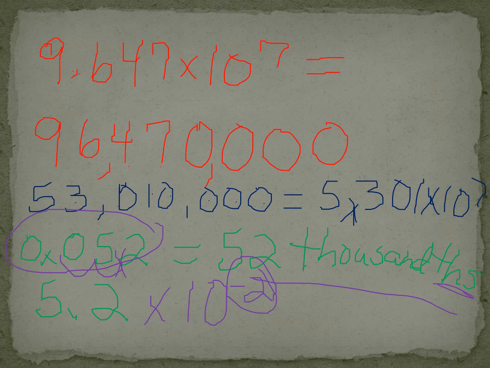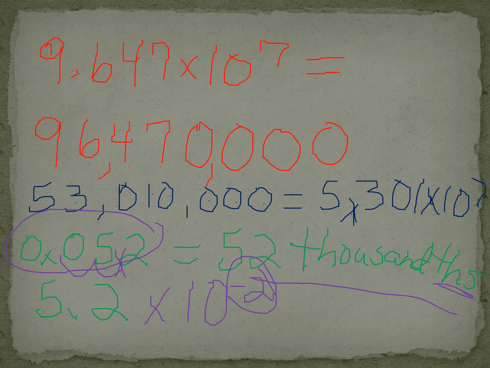Okay. So does that mean I have 7 zeros? Here's my decimal. No, we don't have 7 zeros, but we have 7 place values. Okay, so this should equal then 9. Now here's 3 of my place values of my 7.